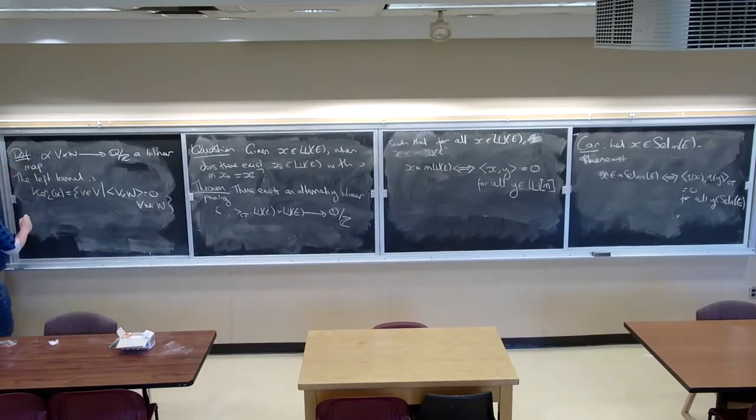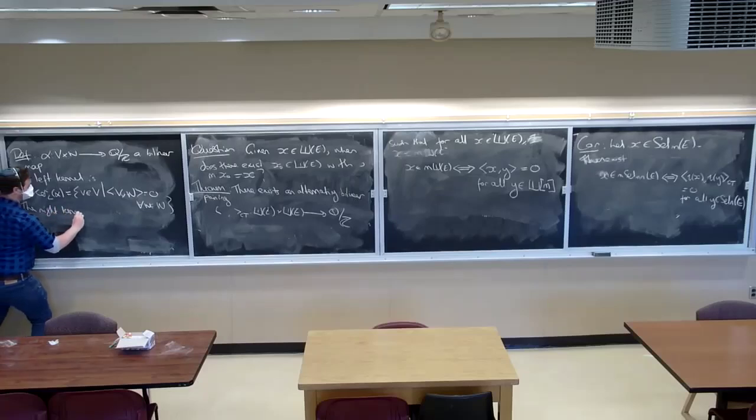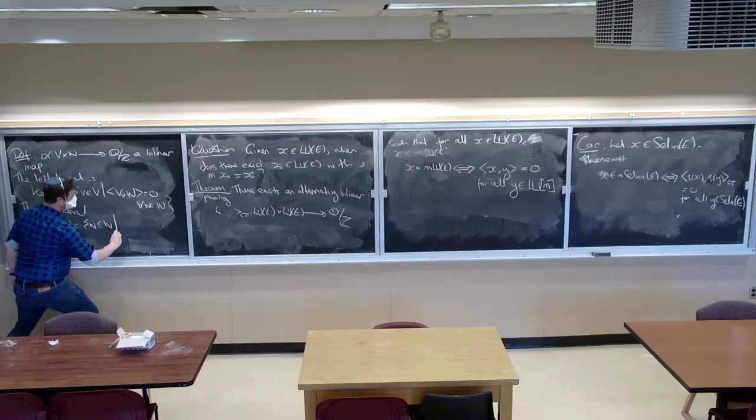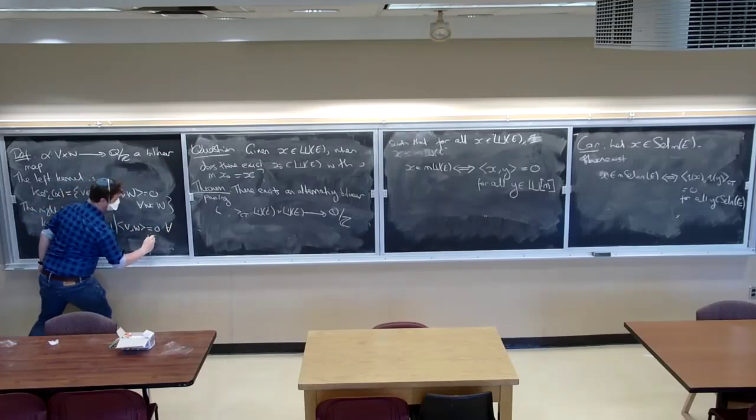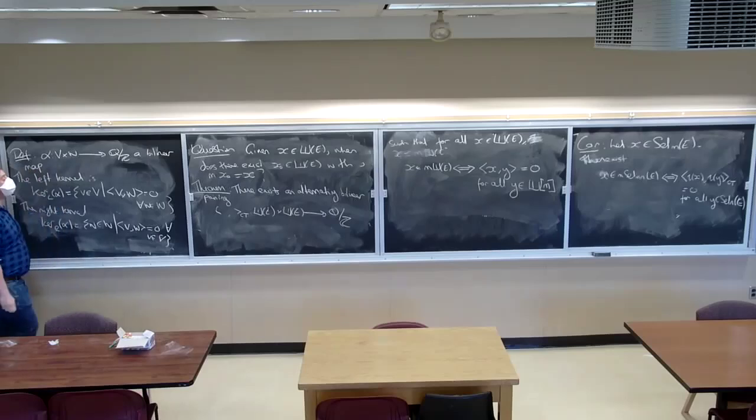And similarly, there's the right kernel. This is going to be the set of W in W such that VW is equal to 0 for all V in V. And we'll say that a pairing is a perfect pairing if both of these are equal to 0.